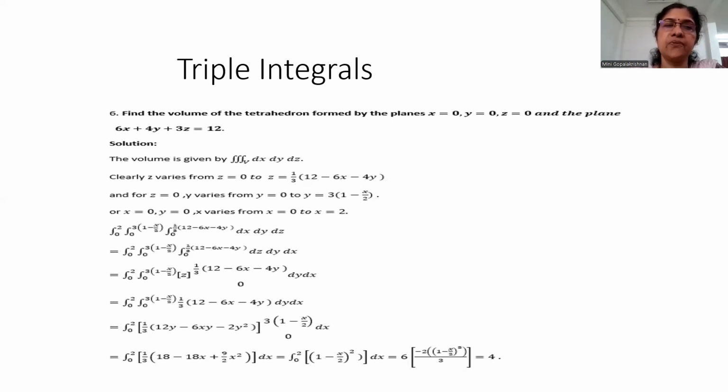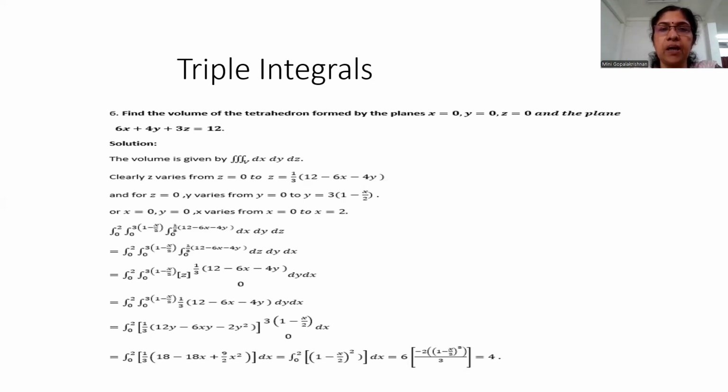Now, as soon as we integrate, z is lost. That variable is gone. Then it came to two-dimensional geometry. So hereafter, we have to take z value 0 and then take the limits of y. So in the plane equation, when you put z as 0, the equation becomes 6x plus 4y is 12. So there, the y value will be 12 minus 6x by 4.